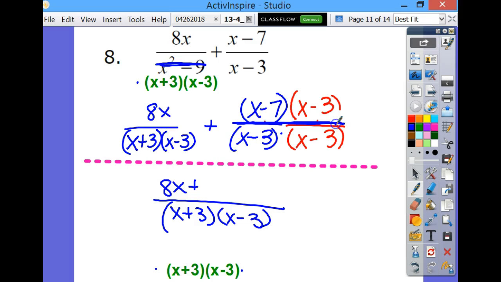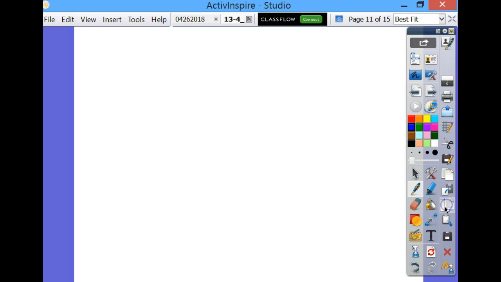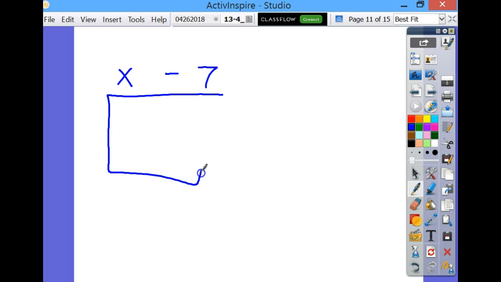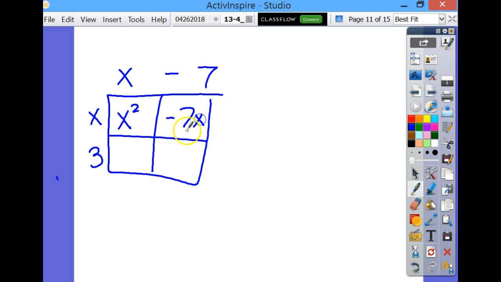To multiply this together, I'm going to probably need to get out my scratch paper. And as you know, I prefer to multiply binomials with a box problem. You can use FOIL if you want to. So first, this is what it's going to be.